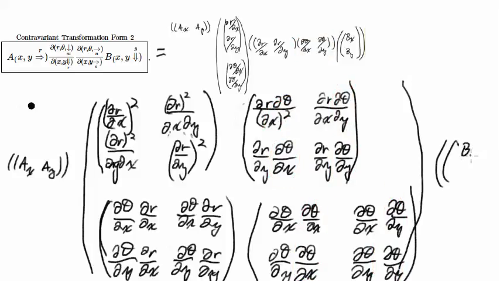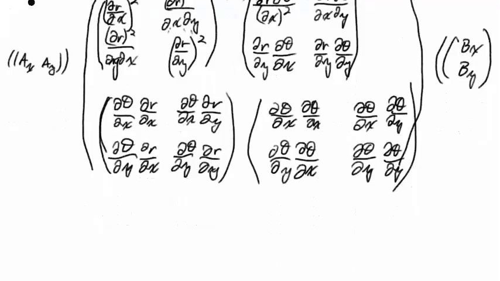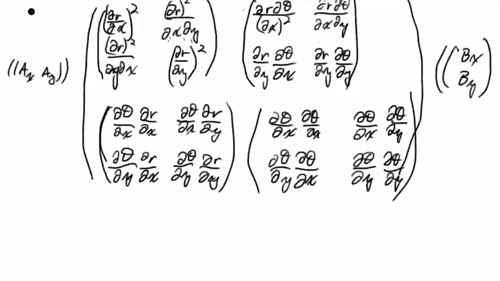x, b sub y. Alright, I think I'm going to left multiply by the a sub x, a sub y first, so that everything will be very flat when I do that. And so I'll be able to fit it on the screen. So I'll have a sub x ∂r/∂x ∂r/∂x plus a sub y ∂r/∂y ∂r/∂x.